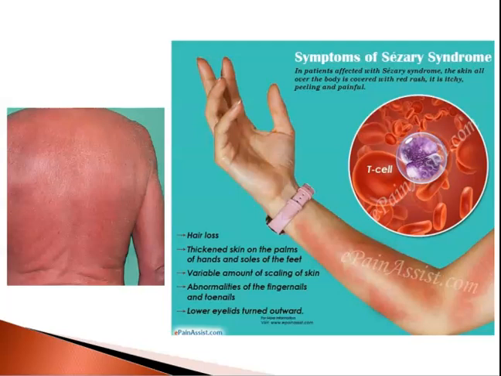Thickening of the skin on the palms of the hands and soles of the feet can also be a symptom. Variable amounts of scaling on the skin, abnormalities of the fingernails and toenails, and the lower eyelids can be turned outward. And of course, on a microscopic level, you would see the abnormal T-cell lymphocytes.